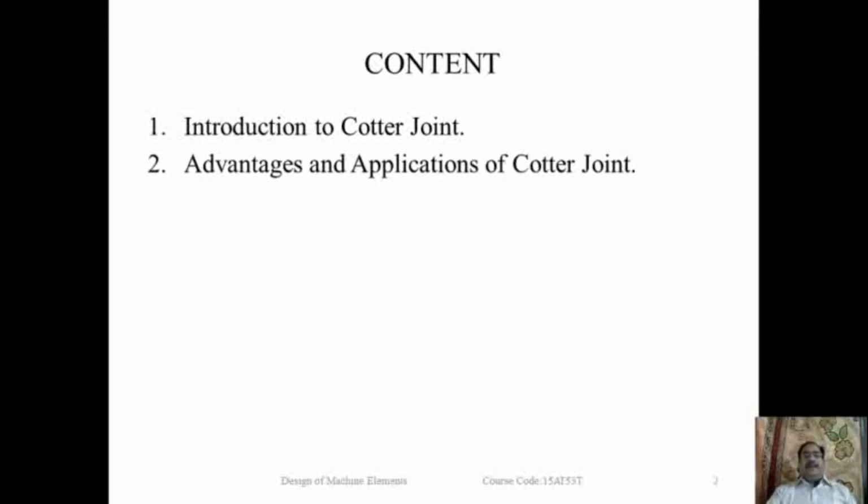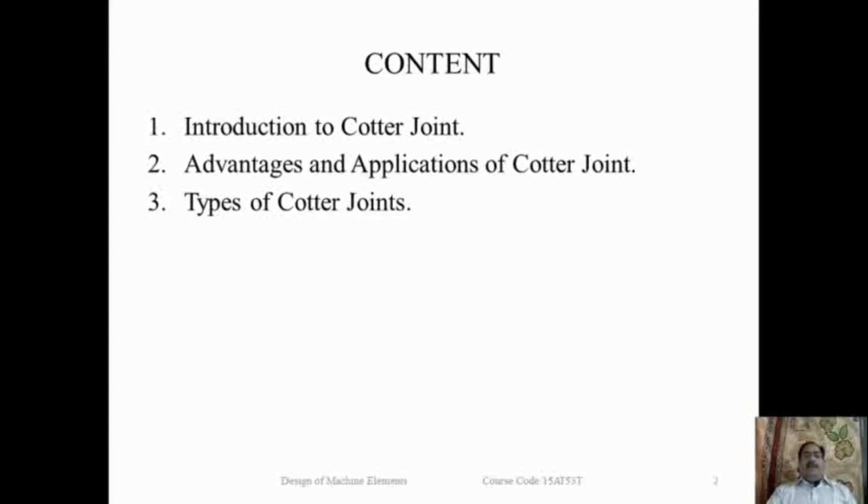In the second one, what are the advantages of Cotter joint, because we are having so many joints, but what are the advantages of Cotter joint over the others, that we will study in the advantages. And applications where we are using the Cotter joint, so that we will study in the applications of the Cotter joint.